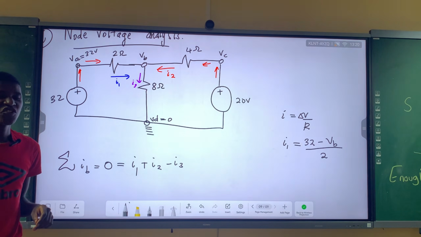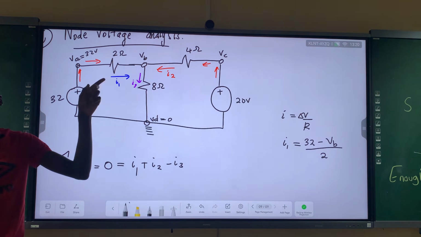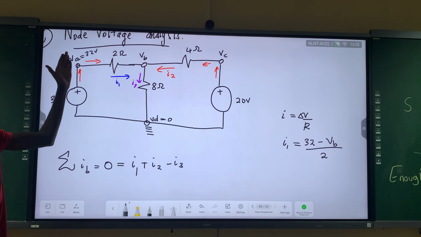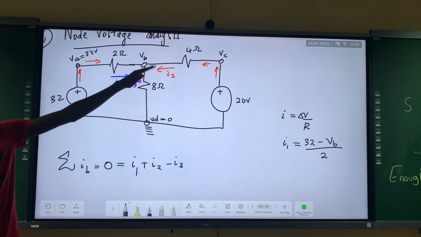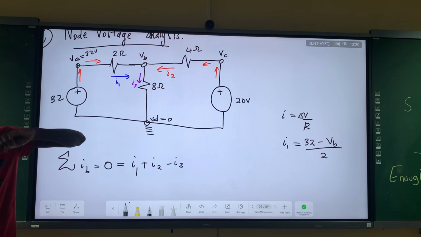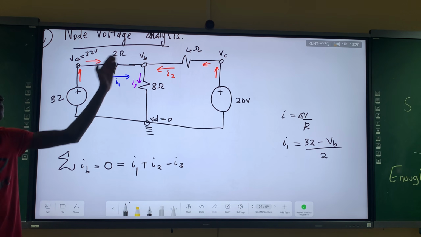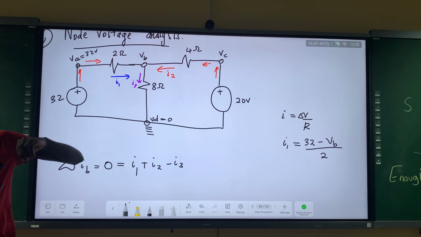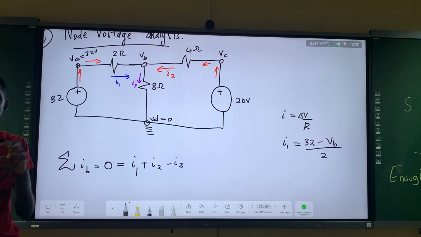Okay, so it's 32 minus VB. So it's potential of A minus potential of B. That is how I model the potential difference here. You can still do VB minus 32, but you must be very careful. You know, the known number minus the unknown terminal.